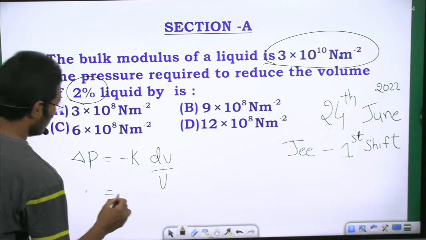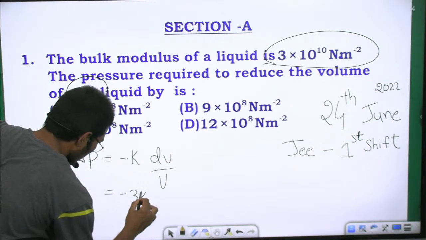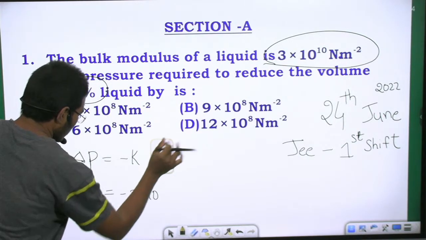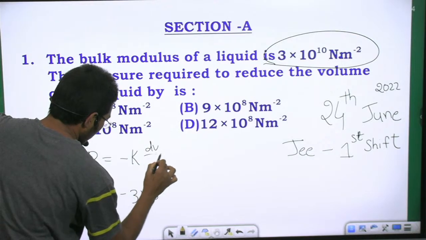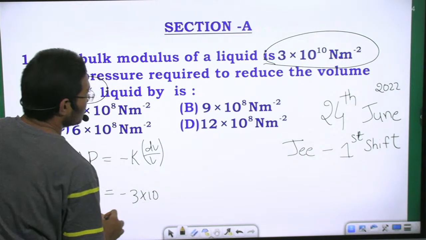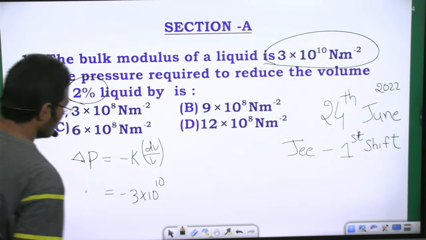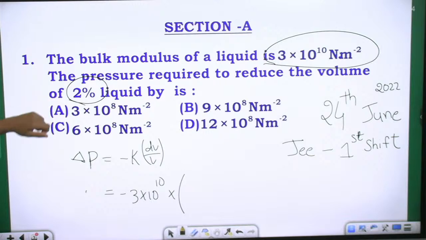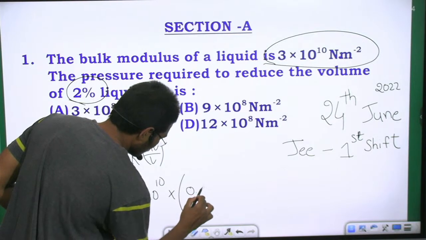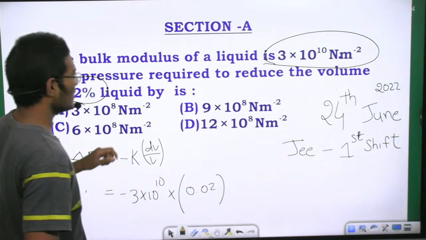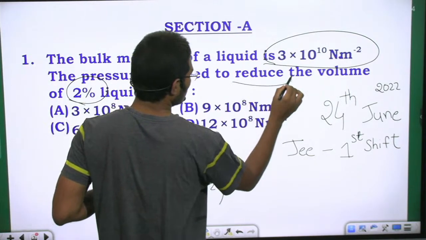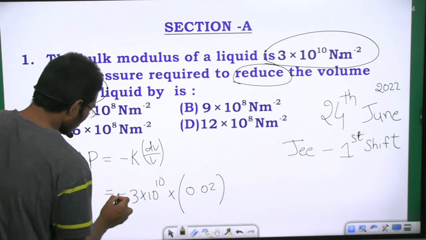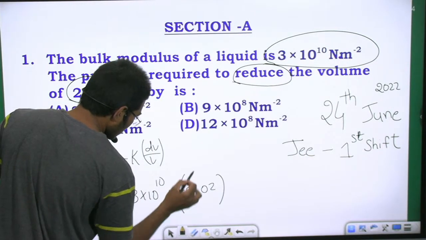What is minus K into dV by V? It is given in terms of percentage, so 0.02. As the volume is being reduced, dV, V final minus V initial, will be negative. So it turns out to be minus 0.02.